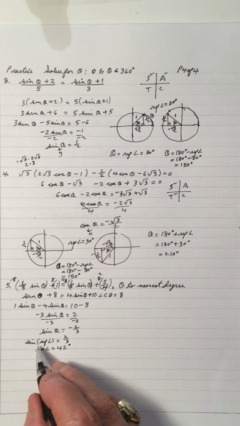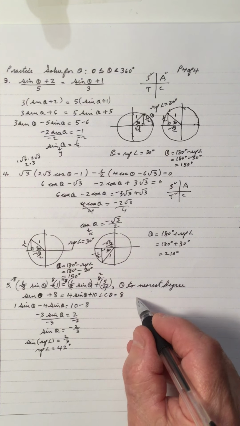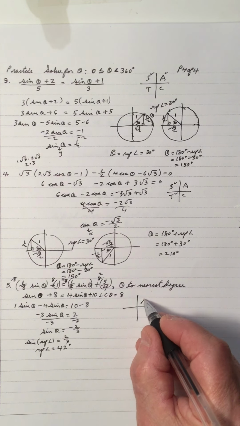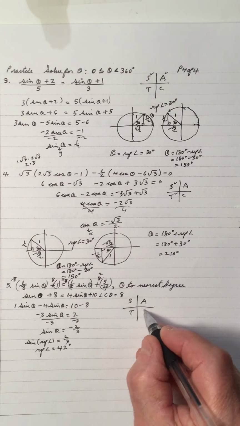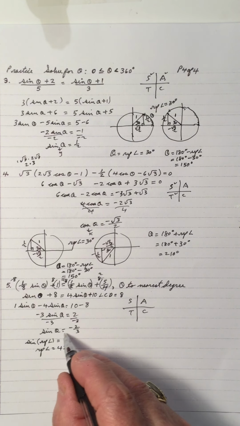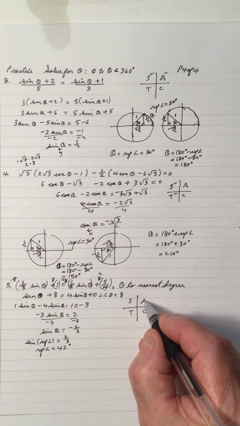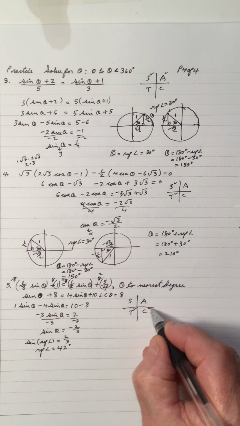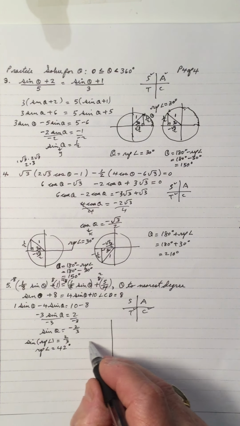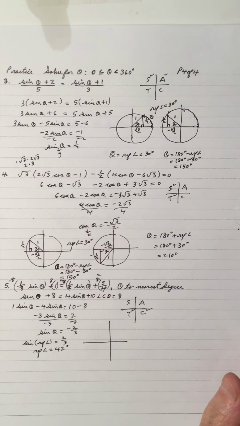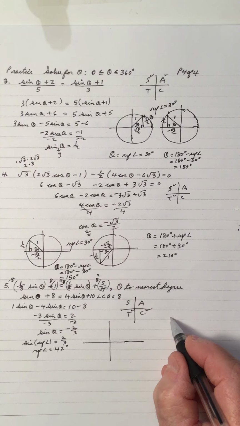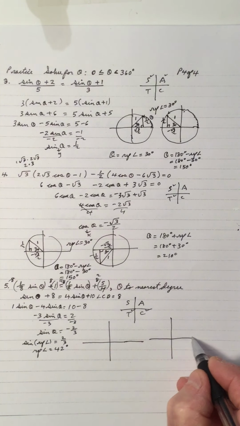Now sine is negative, so we add sugar to coffee. Sine is positive in 1 and 2, so we're in 3 and 4. So we're in quadrant 3, and we're in quadrant 4.